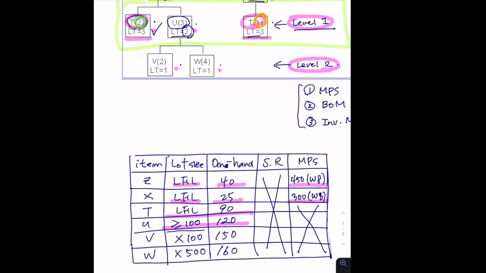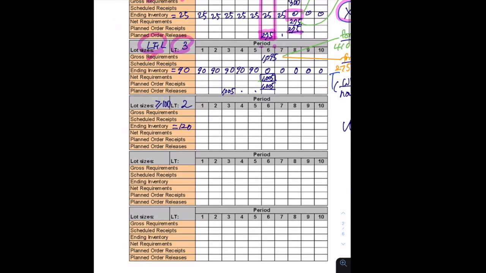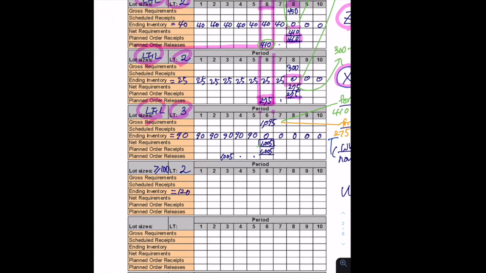So 120. And then when do you need U in the BOM? You use U only for Z. So it's a little bit easier. When do you need? So look at Z. So this is Z. So when? On week 6. Why? Because this is a planned order release time here. And how many you make? 410 Z's.